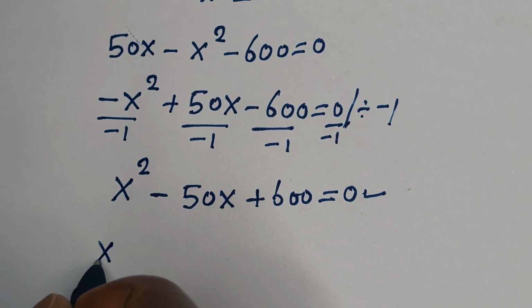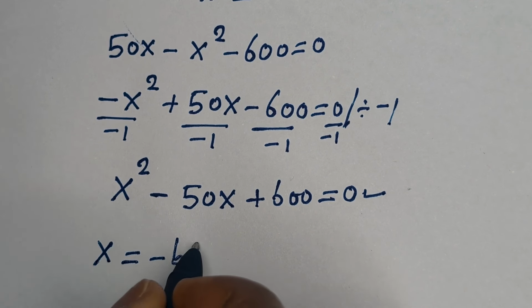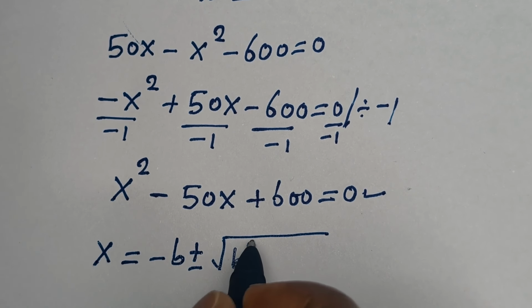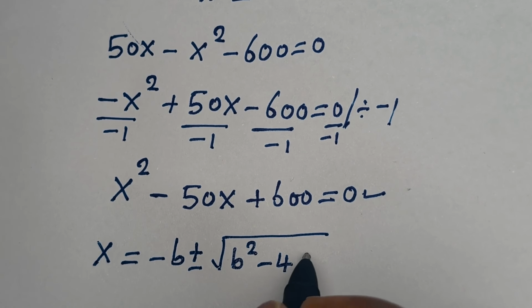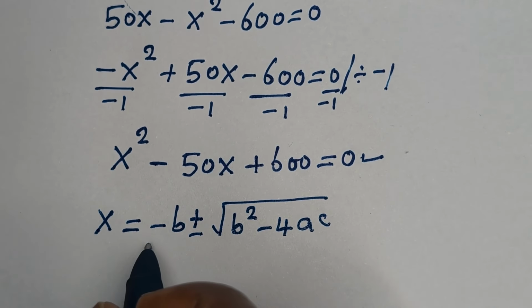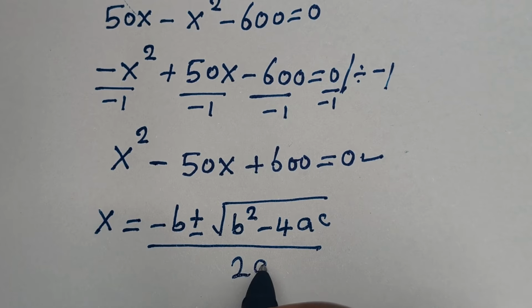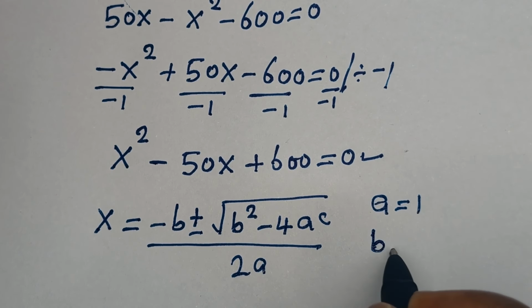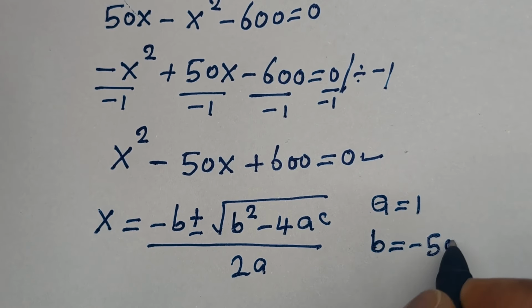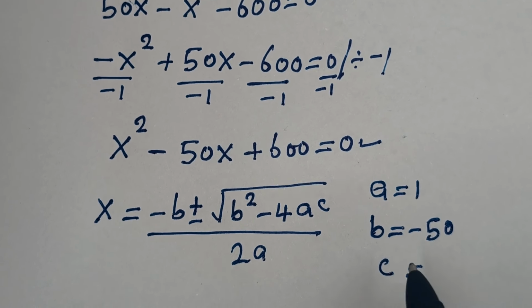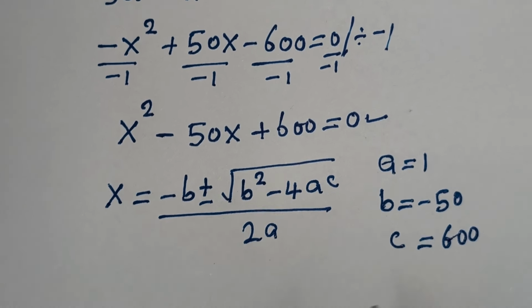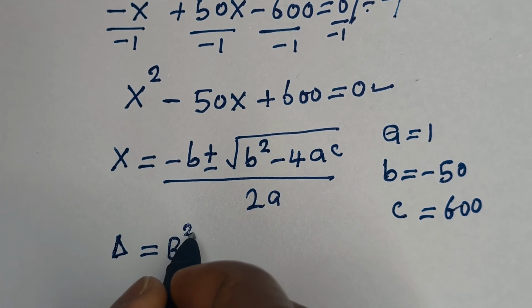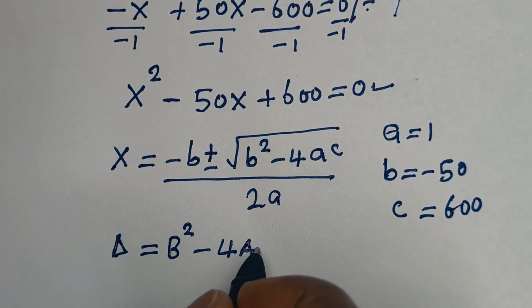Then x is equal to minus b plus or minus square root of b squared minus 4ac, over 2a. And from this equation, a is equal to 1, b is equal to minus 50, c is equal to 600. Then we know that discriminant d is equal to b squared minus 4ac.